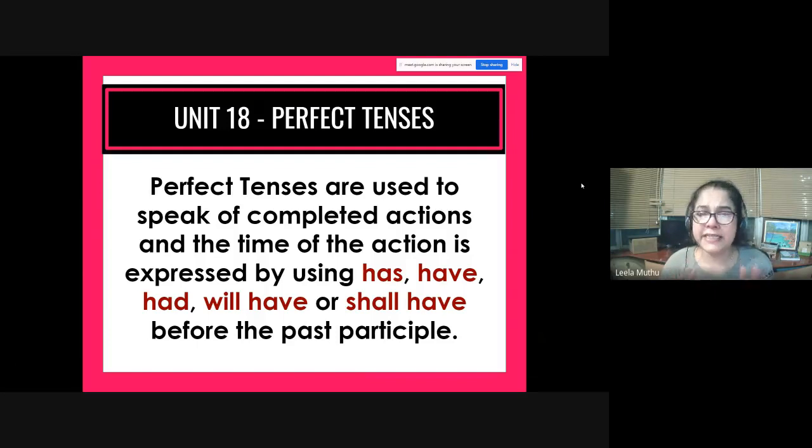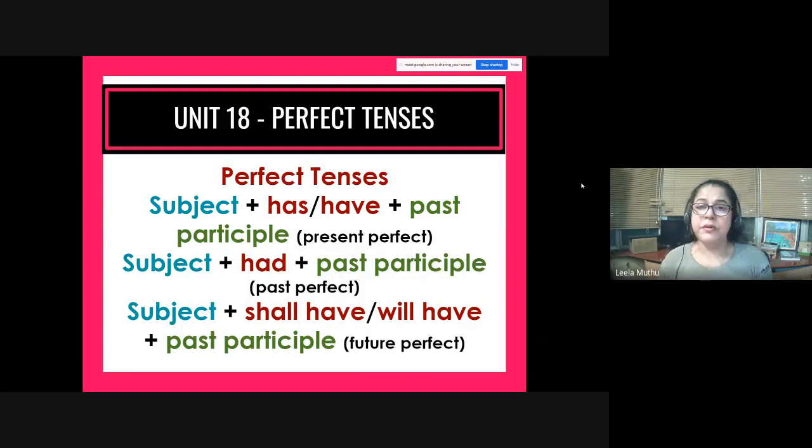But before that, let's just see the formula which we use for perfect tenses. So you know what's the subject, okay? You know what's the past participle, right? The done form of the verb. The subject is the doer of the action. So for present perfect, we say the subject plus has or have plus the done form of the verb or the past participle.